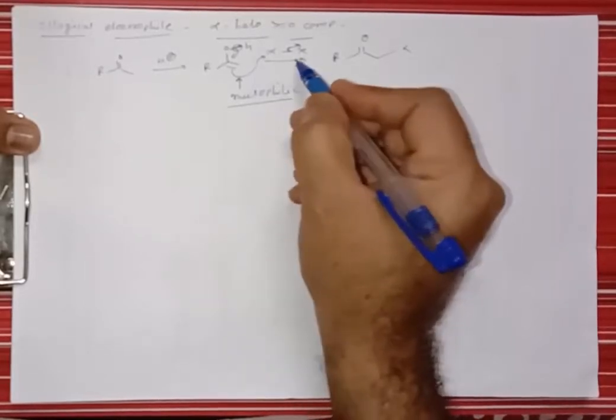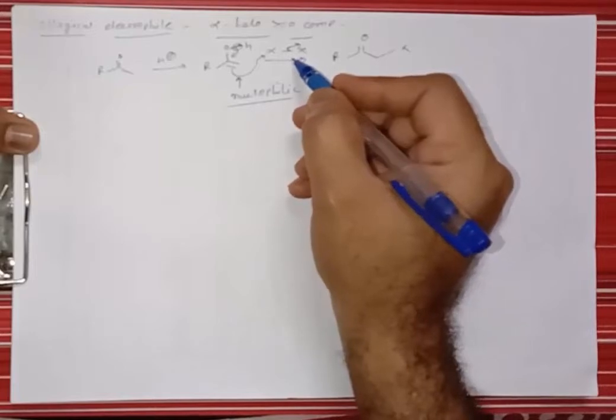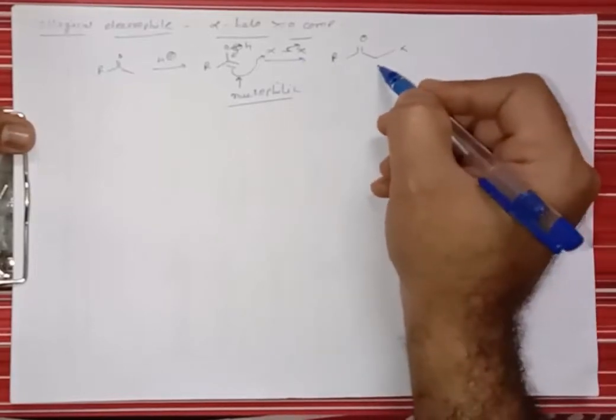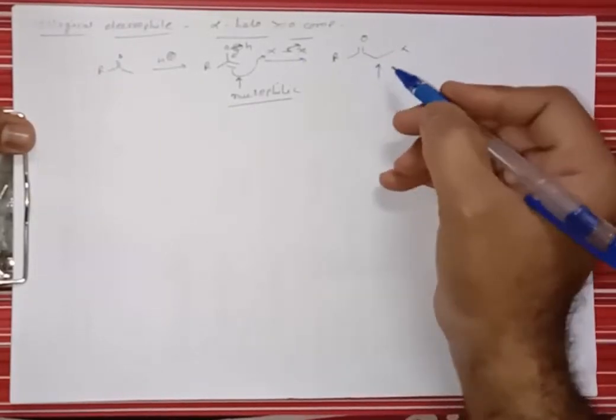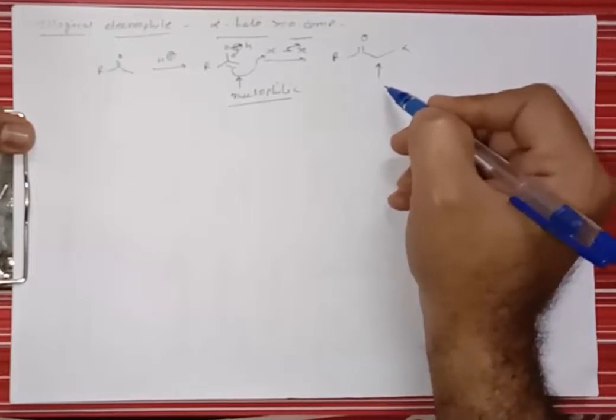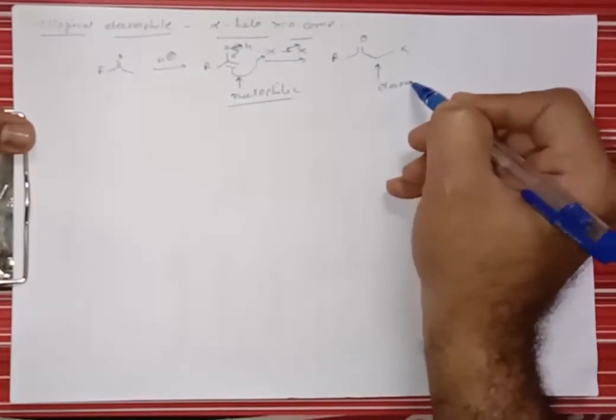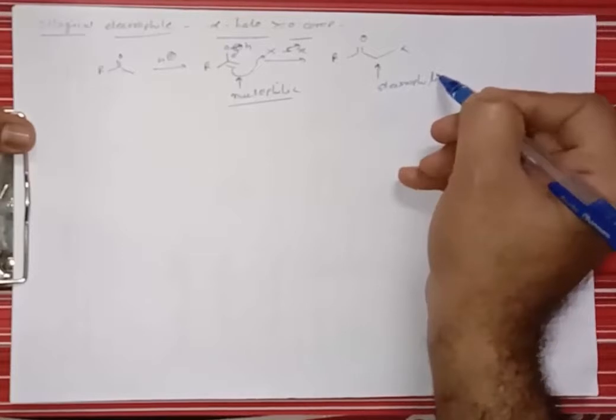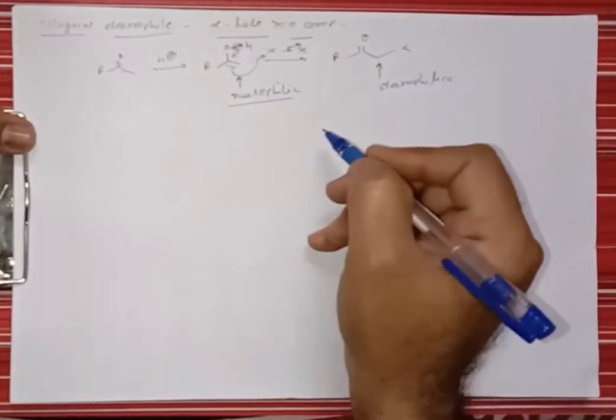But when we treat this molecule with X2, the carbon next to the carbonyl, that is alpha, becomes electrophilic. So this is called an illogical electrophile.